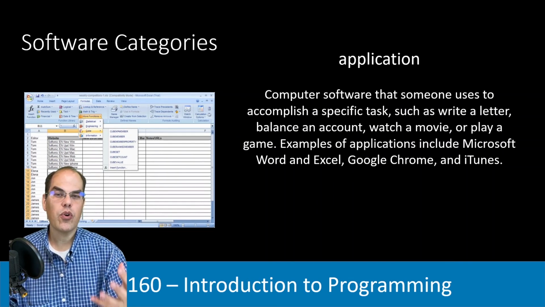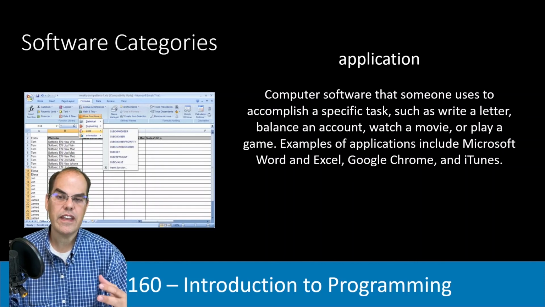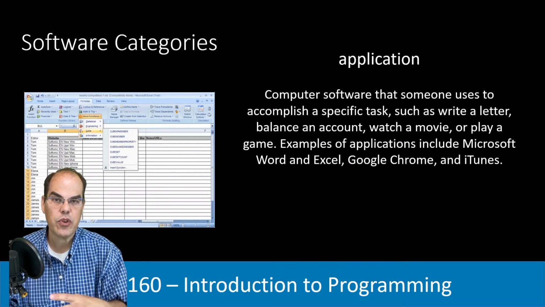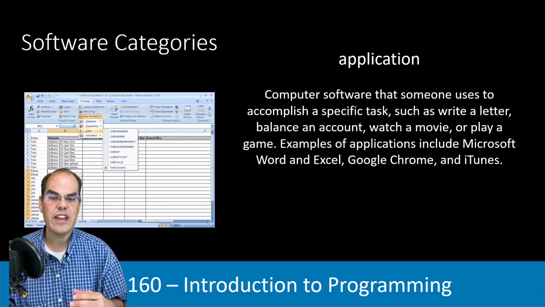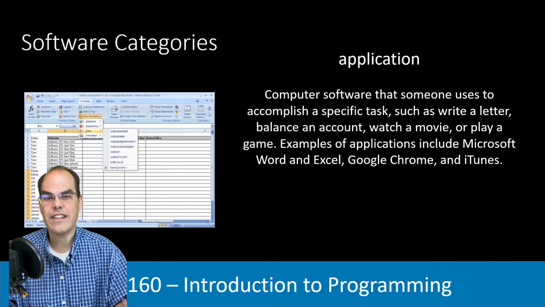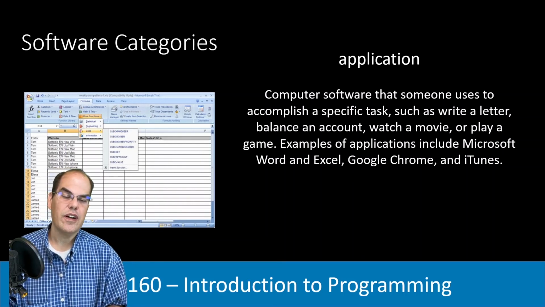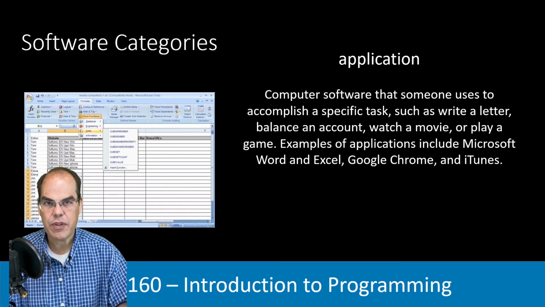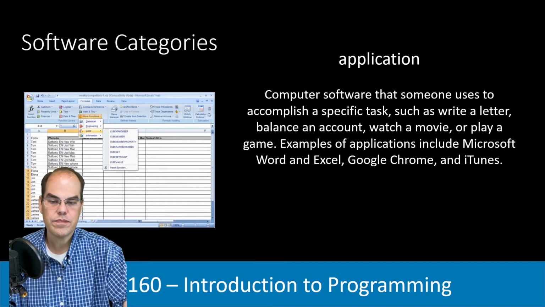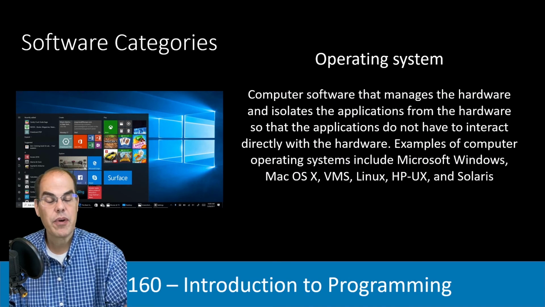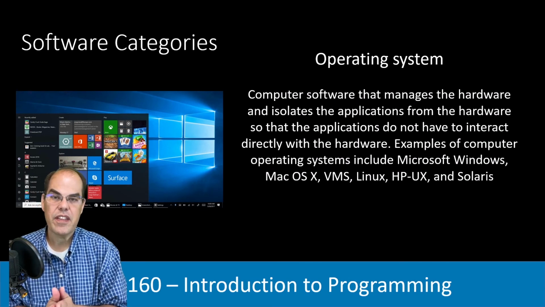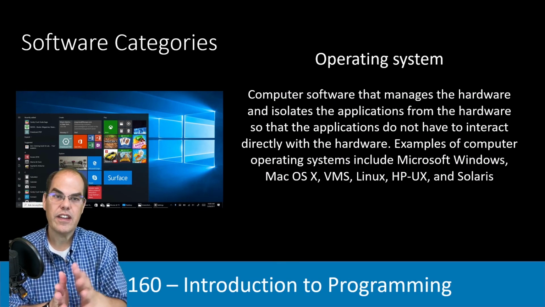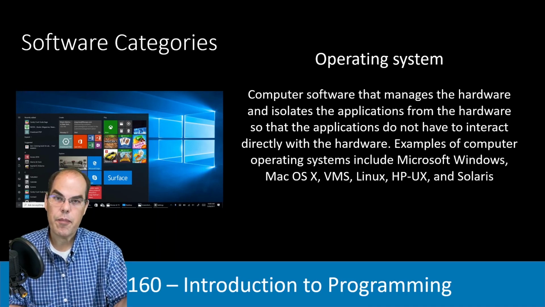Application, that's a computer program that runs on top of the operating system that runs on the computer. So say you're running Microsoft Word, that's an application. If you're running iTunes, that's an application that runs on the computer. The operating system, we talked about that a second ago, is the go-between between an application and the BIOS.